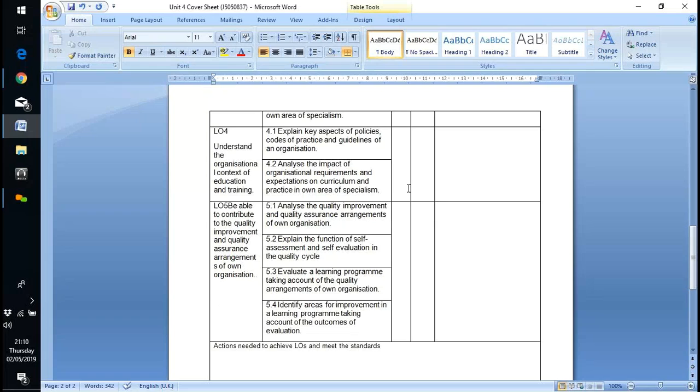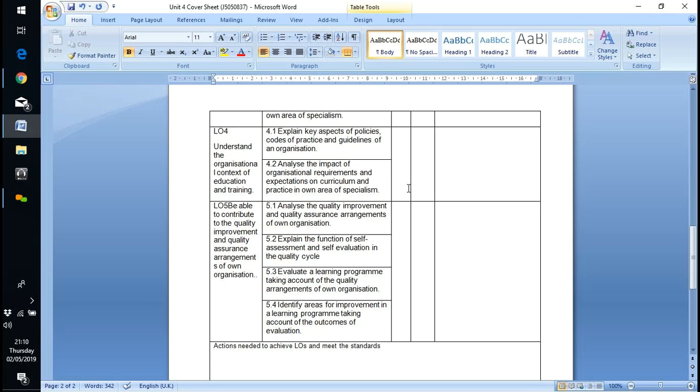4 looks at key aspects of policies, codes of practice and guidelines in a particular organisation. And what I say to most students on this course is that you will have a person who is responsible for quality in your school.